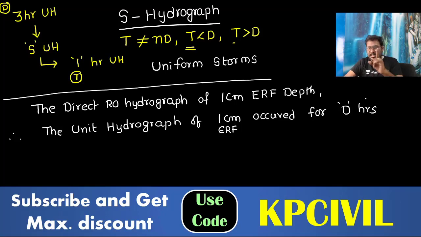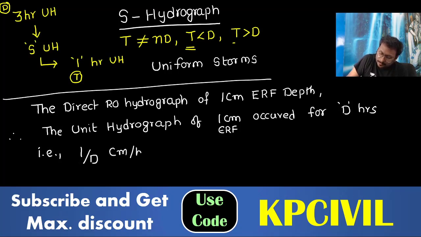Depth of 1 centimeter, time of D hours. What is the intensity? 1 by D centimeters per hour.